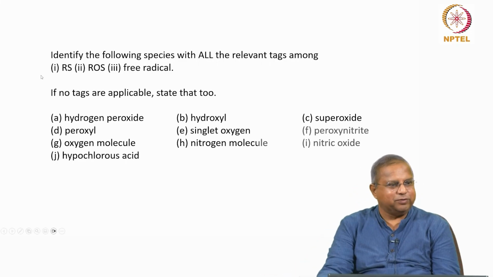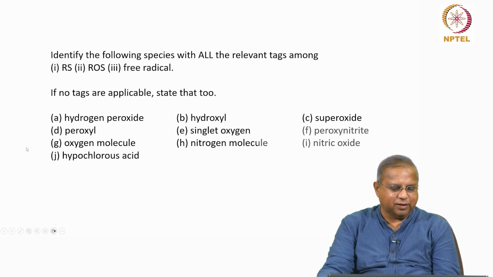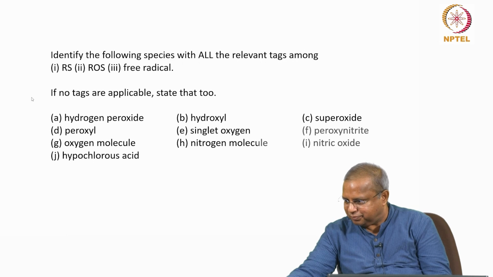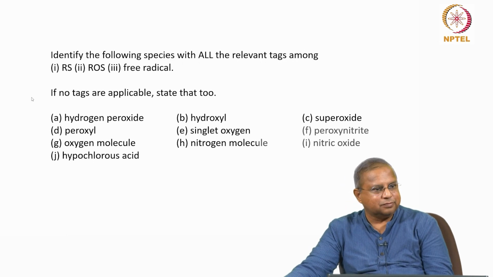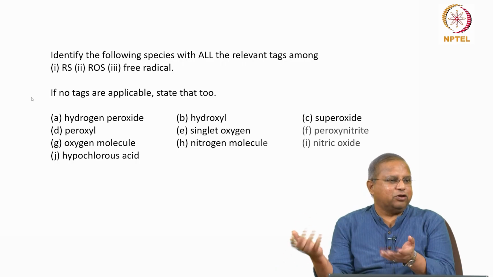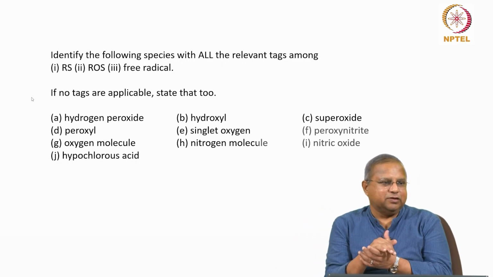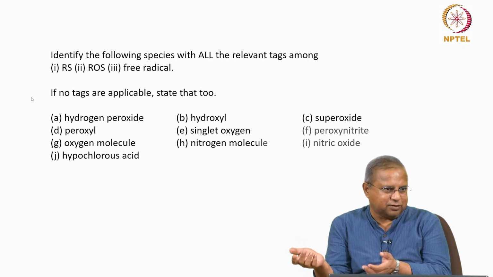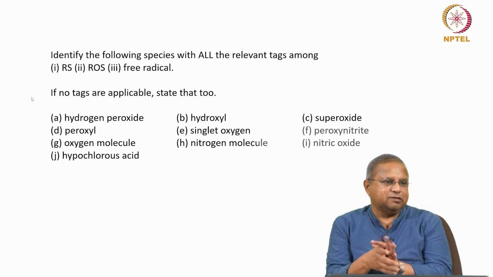Yeah, one could have many tags. Each one of these could have multiple tags. No, but by definition, are these two the same? No. Historically these set of molecules were called free radicals in the 50s, 60s, and so on. Quickly, people realized that you cannot really call them free radicals. There are so many non-radicals that are reactive enough to be considered under this category.